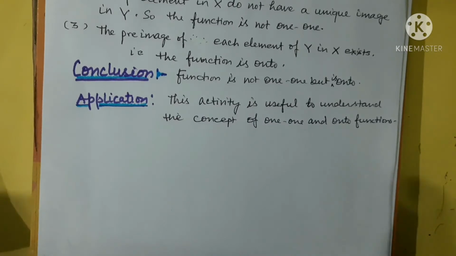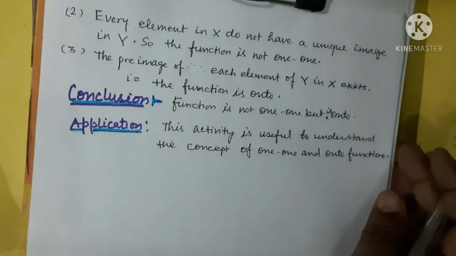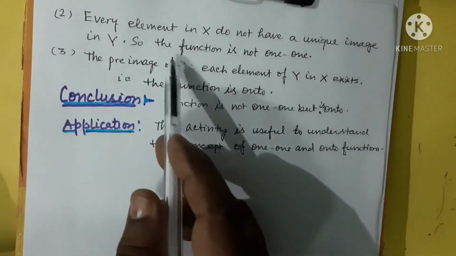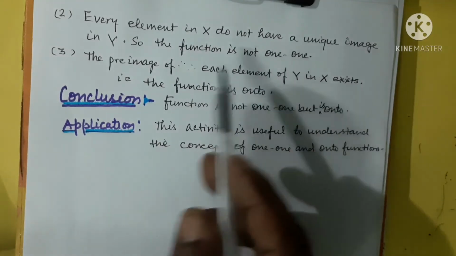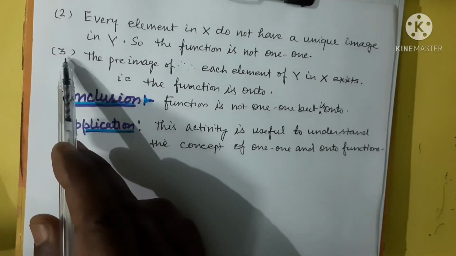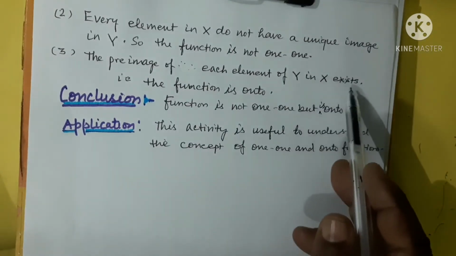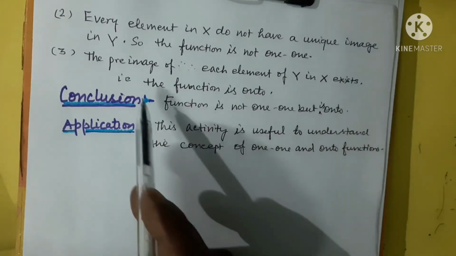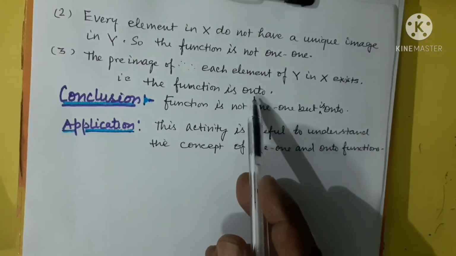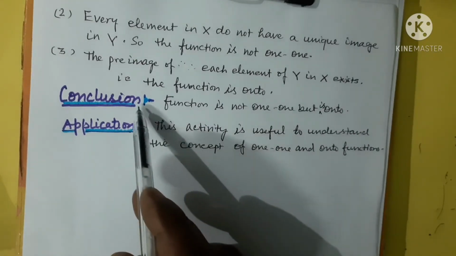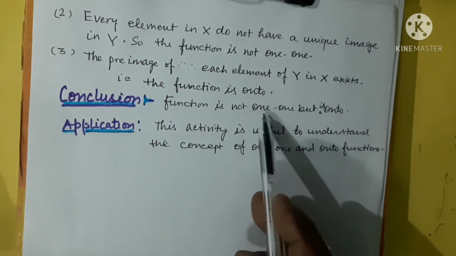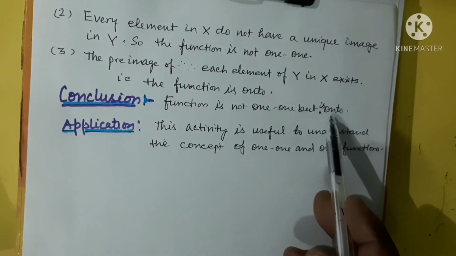Now the next point: every element in X does not have a unique image in Y, so the function is not one-one. And the third point is that the pre-image of each element of Y in X exists, that is, the function is onto. And the next point is the conclusion: the function is not one-one but is onto.